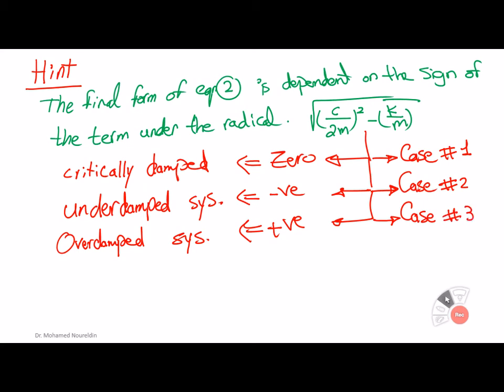So we have different cases based on the value of the term under the radical. If it is 0, our system is critically damped. If it's negative, then it is an underdamped system, and if it's positive, then it is an overdamped system. We are going to study these systems in detail.